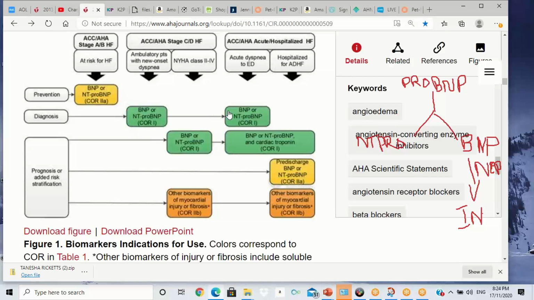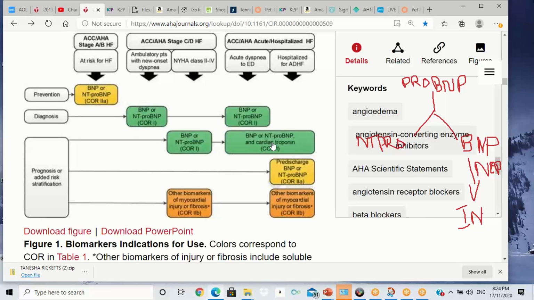And then pre-discharge, you can get another BNP or NT-proBNP. So this is a class 1. The pre-discharge is a class 2A.